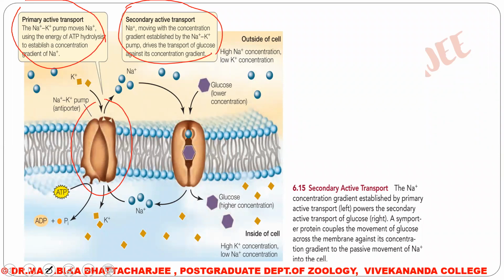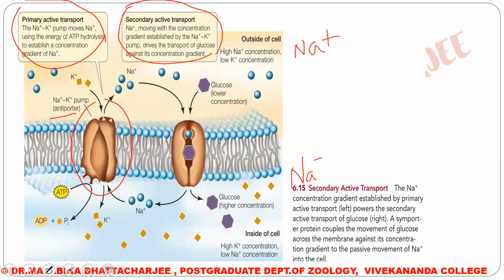In this case, we have the sodium potassium pump antiporter. Just keep it in mind that sodium is high on the outside and sodium is low on the inside. What we are seeing is that sodium is moving outside and potassium is moving inside. We just now saw that.